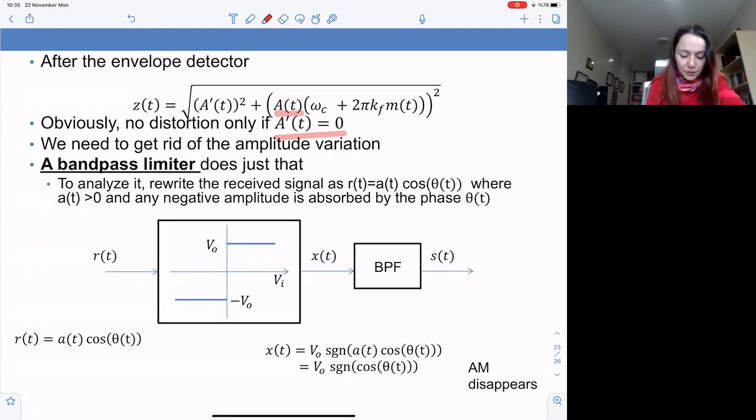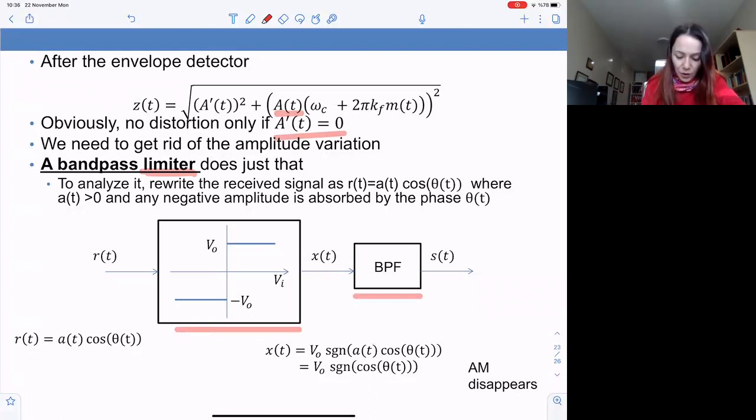We use a limiter. So all the FM demodulators actually are limiter discriminators. First there's a limiter, and then a bandpass filter, and then the differentiator, even if there's a phase lock loop.